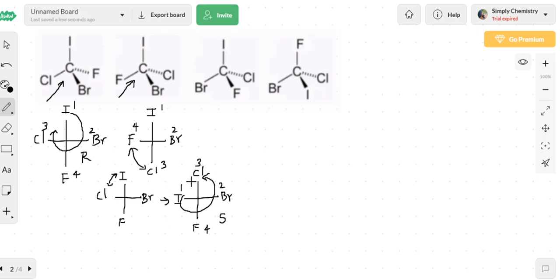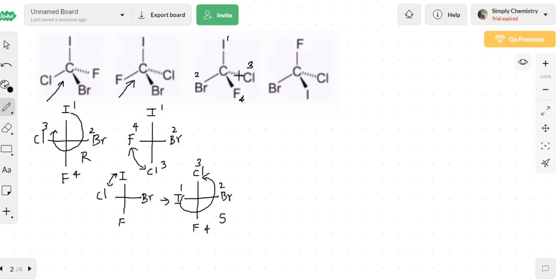Exchanging the atoms is a little confusing. So I am suggesting a method without exchanging the atoms. We can easily draw the Fischer notation. So you could see this molecule, that the least priority group, we will assign the numbers 1, 2, 3 and 4. The least priority group is not projected away from us.